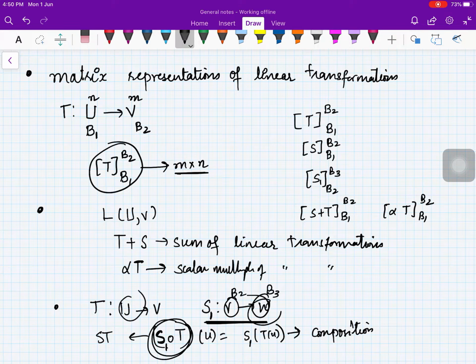Now this map ST is from U to W, so its matrix representation is from B1 to B3. So we would like to know the relations between these matrices.